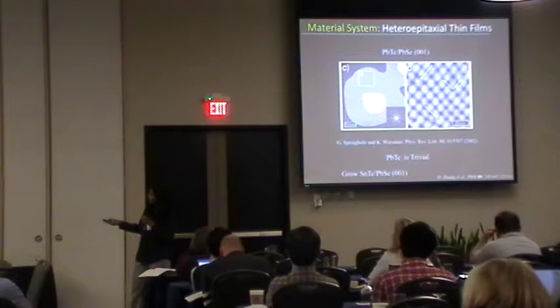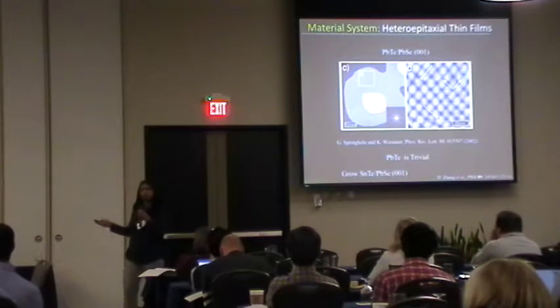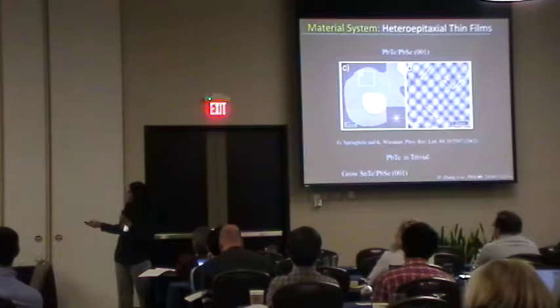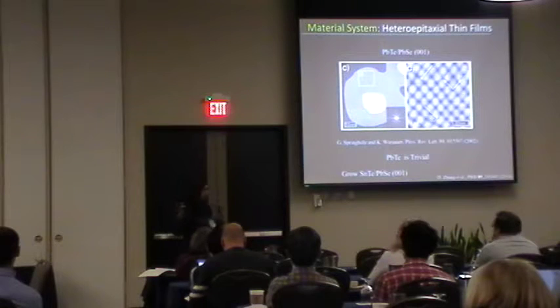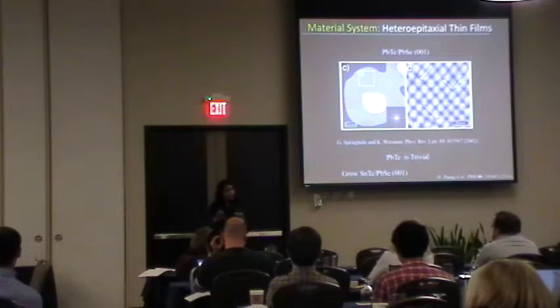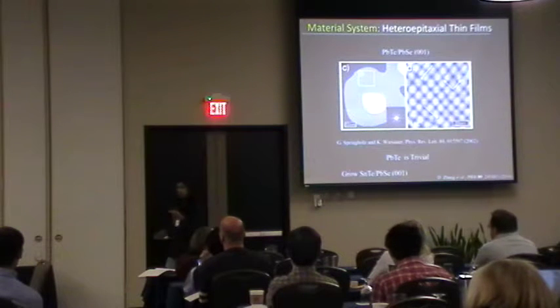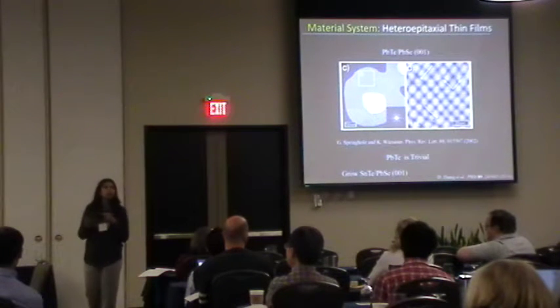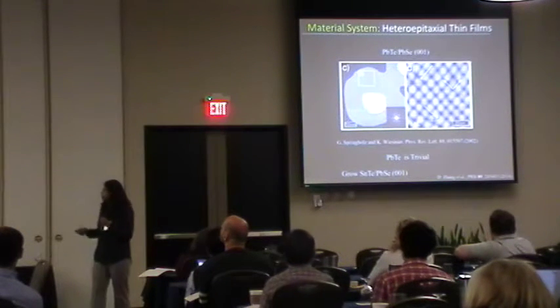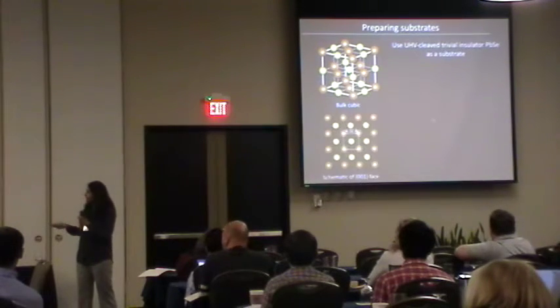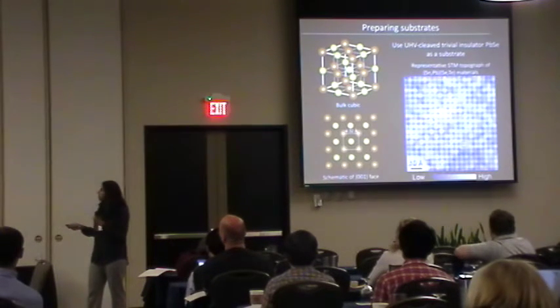And when they do that, they see this superstructure, okay? And the superstructure is actually, each little dot here is about 200 angstroms. It's pretty big. And these dots represent a two-dimensional buckling, and they encode strain. Okay, so this is what we wanted to do for our topological insulator.